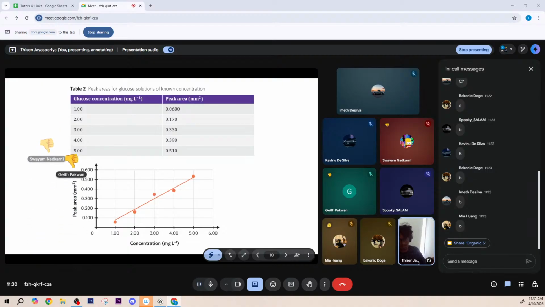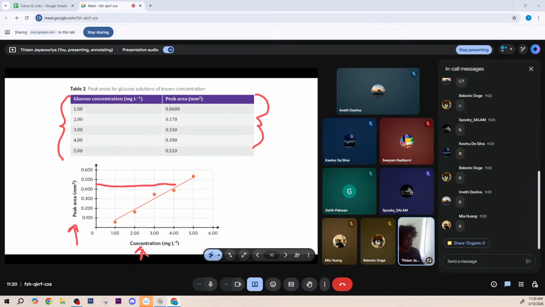So essentially, what we do is create a bunch of standard solutions, so solutions we know the concentration of. And here we find the peak area of these ones, and we plot them on a graph, and we create a curve. So now we have peak area against concentration. Let's say we have a peak area of 0.45.